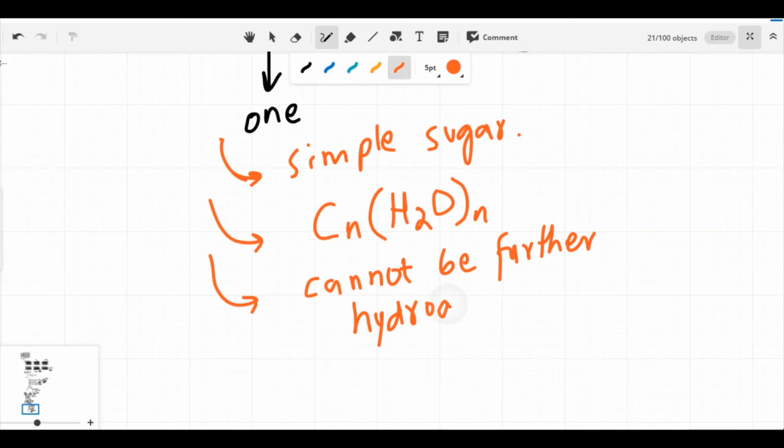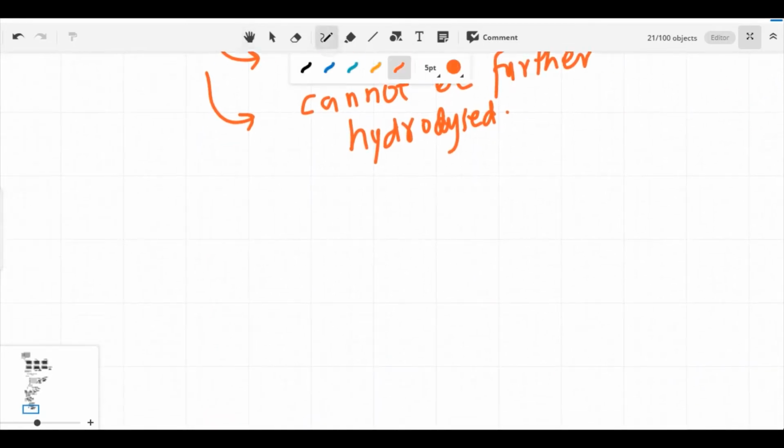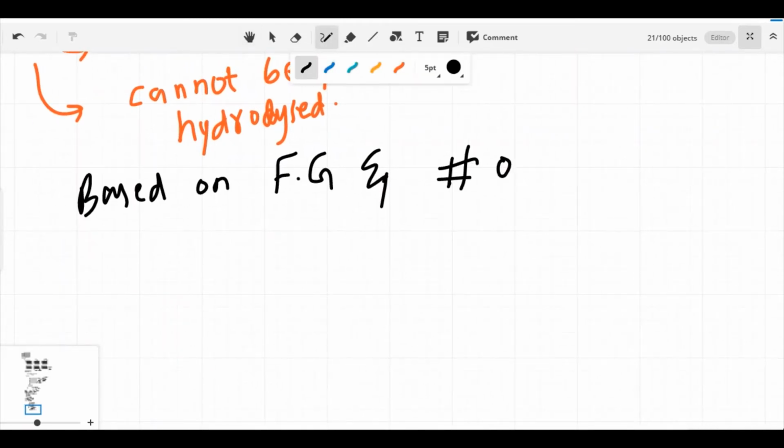Because these are the simplest sugars. Next, they can be divided into different categories, for example based on the functional groups and the number of carbon atoms.